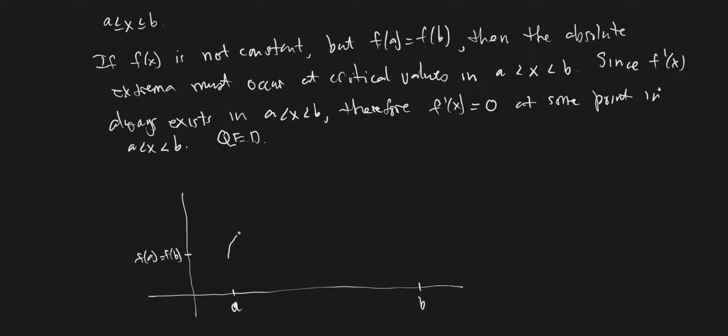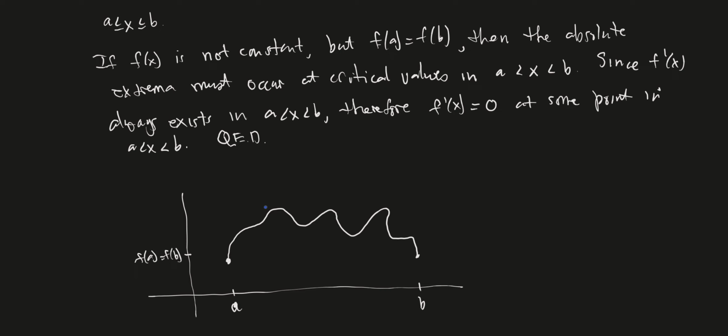It says no matter how I draw, as long as I avoid sharp corners and I go up and down, so I start at this y value, I go up, down, and I come back here. And what this means is there has to be at least one point where the tangent line to the graph is horizontal.